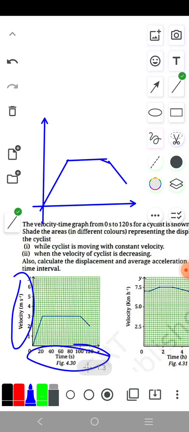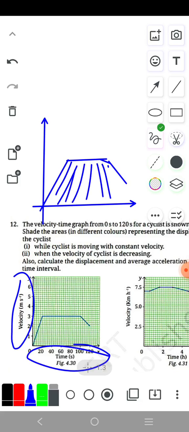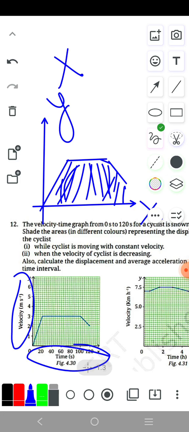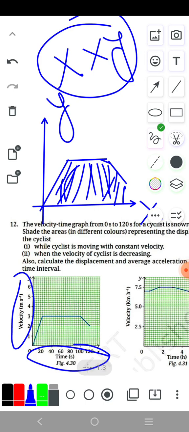Now whenever you are obtaining the area under the curve, always remember, the area under the curve in an xy graph is equal to the product of the physical quantity on the x-axis into the physical quantity on the y-axis. Sir, what are you telling? You might be thinking, I couldn't understand.